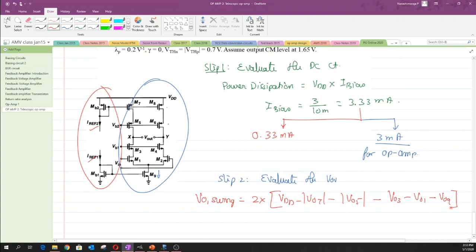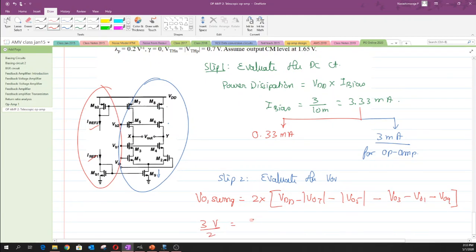Now the output swing that is given is equal to 3 volt, and here there is a factor of 2. So when we divide by 2, we end up with 1.5, and inside this expression the value of VDD is given as 3 minus this whole expression. So probably I will just copy this expression.